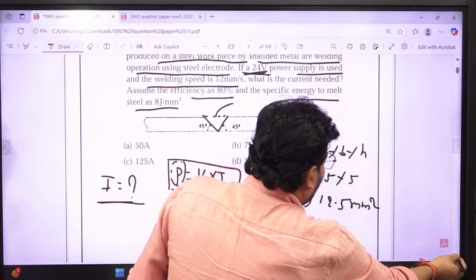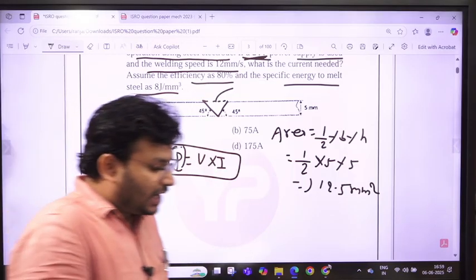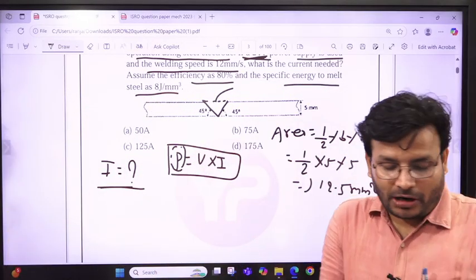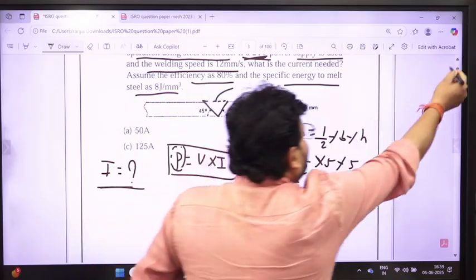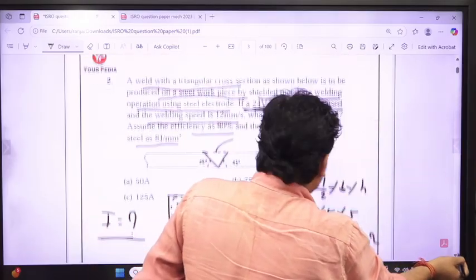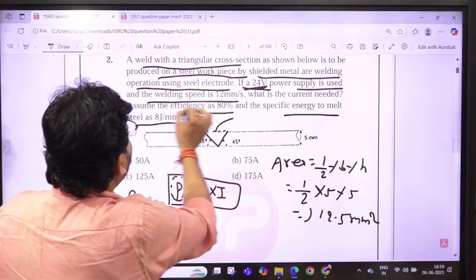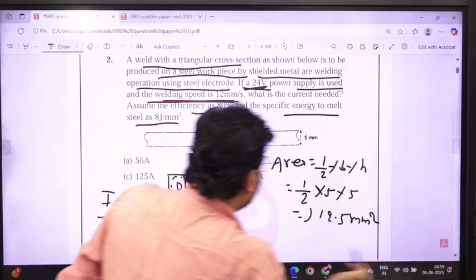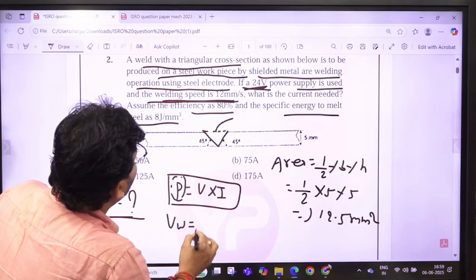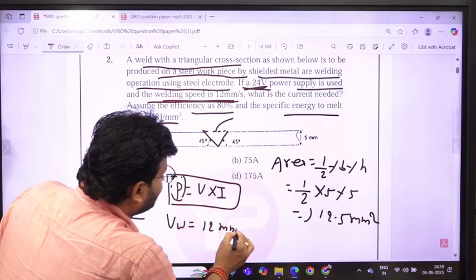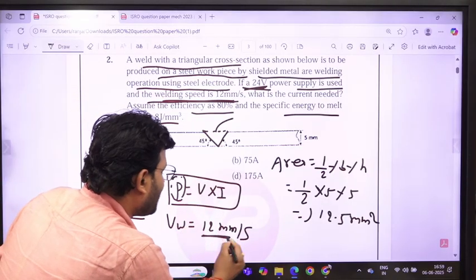Okay, now coming to the next thing, you have the area. Now tell me, what will be the volume of weld metal deposited per second? That is the area, and you can see here that the welding speed is given. What is the welding speed? In the question the welding speed is 12 mm per second, meaning in 1 second they weld 12 mm distance.